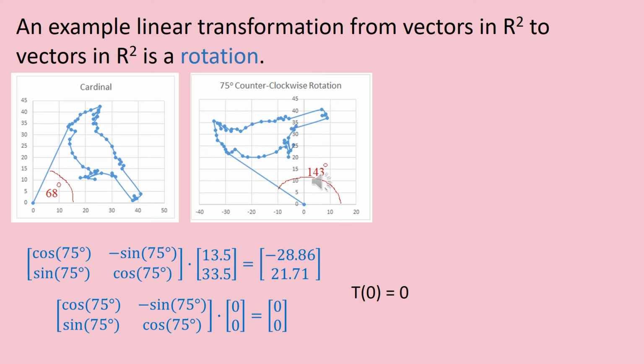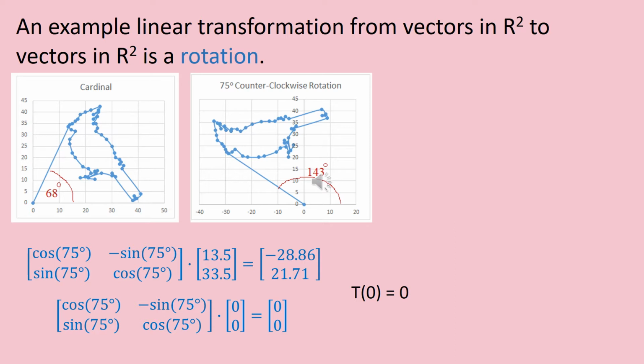That point on the tip of the beak is x coordinate 13.5, y coordinate 33.5. After we apply the transformation, that point on the beak is now at an x coordinate of negative 28.86 and y of 21.71. Notice the origin stayed fixed.